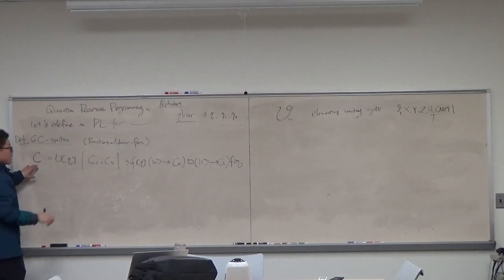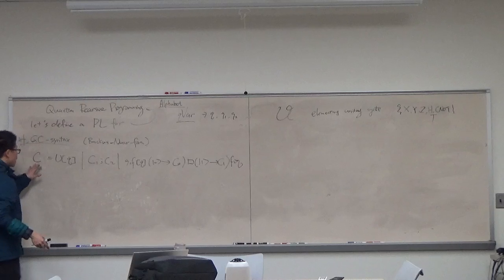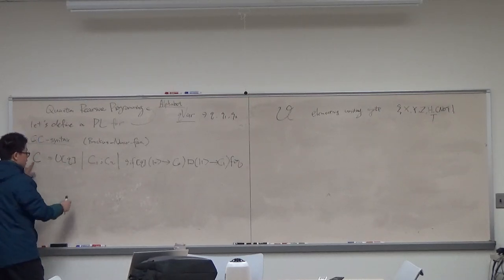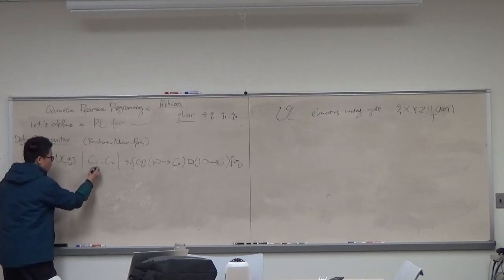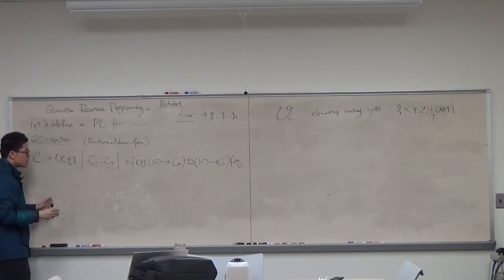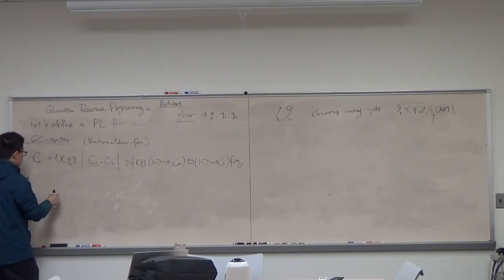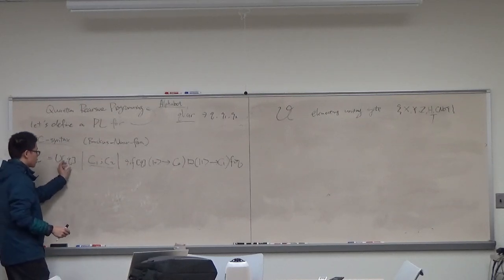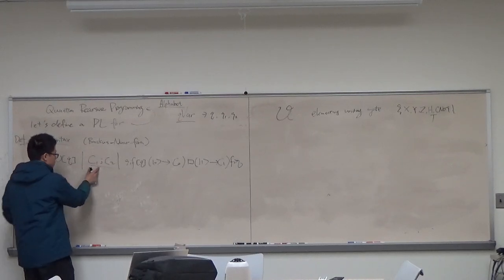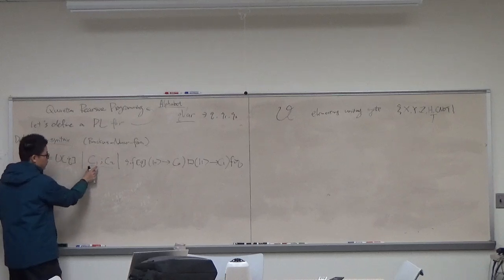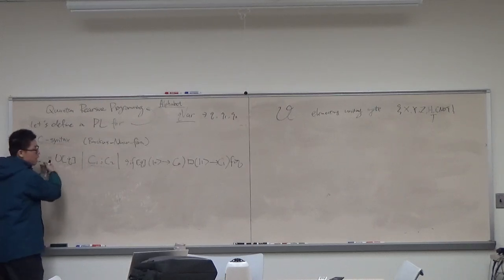That means C can have the following forms. Either it can be a unitary applied to some quantum variables, or C can be this, which is called sequential composition, which is also in classical computing, you can compose two quantum circuits. So a circuit can be a unitary applied to some quantum variables. It can be a composition of two other C, where each of these C also has this form.